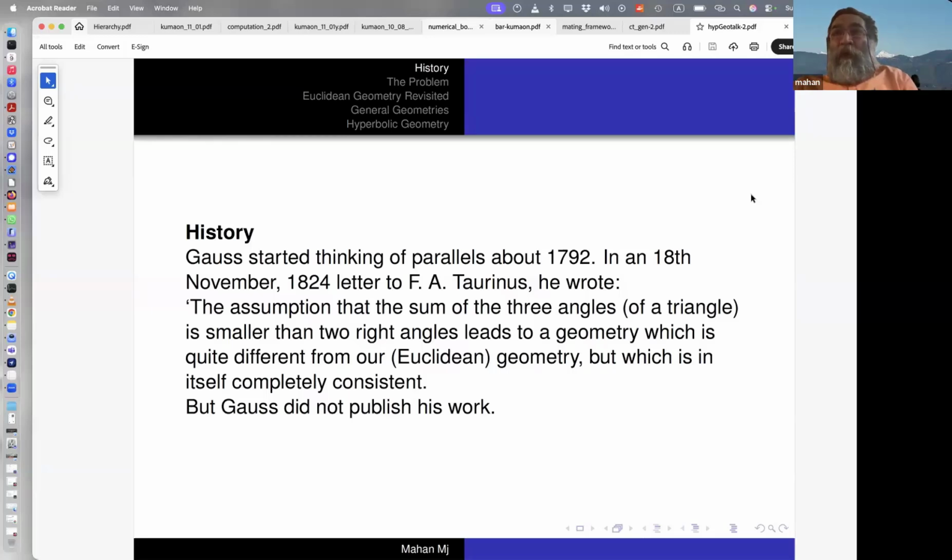And from that one can deduce that neither the parallel postulate nor its negation can be derived from the remaining axioms of Euclidean geometry. Okay, good. So this was the problem.